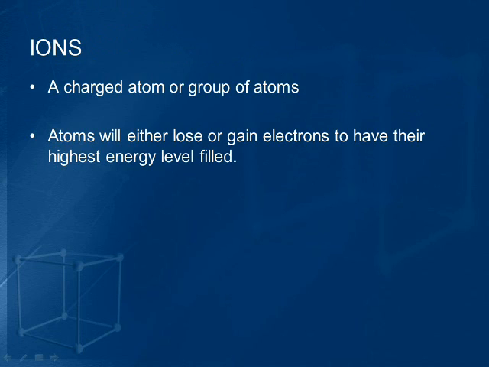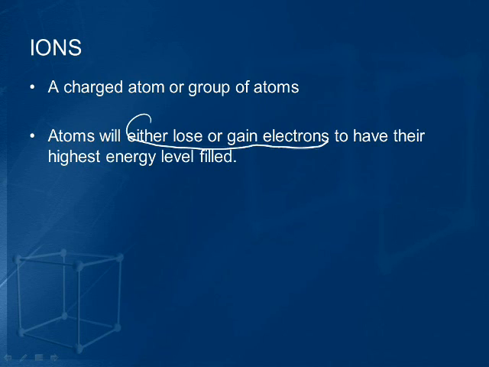Now, in order to achieve this valence state of 8 electrons or 2 electrons, they will either be involved with sharing the electrons to have 8 or 2, or they will lose or gain electrons. So we're just going to talk about when they lose or gain electrons, and that would be when they form ions.